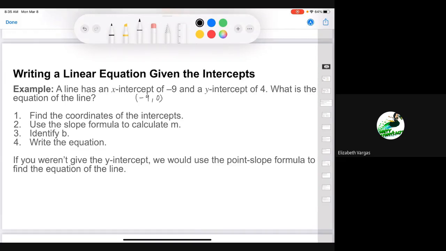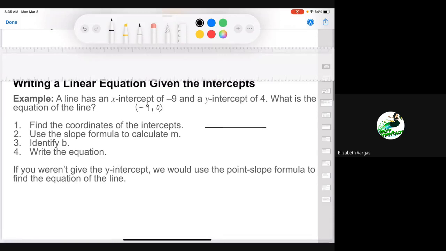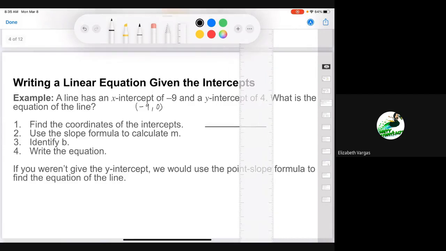So my x-intercept, let's say I had a graph, just to explain it better. Let's say I had a graph right here. Okay. So my x-intercept would be where my line passes my x-axis, right?